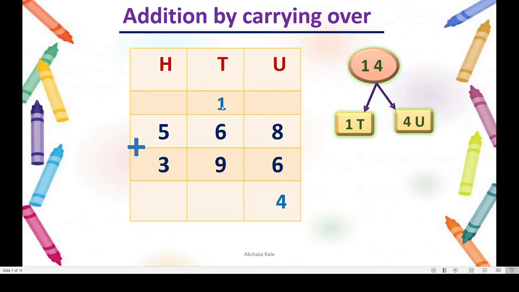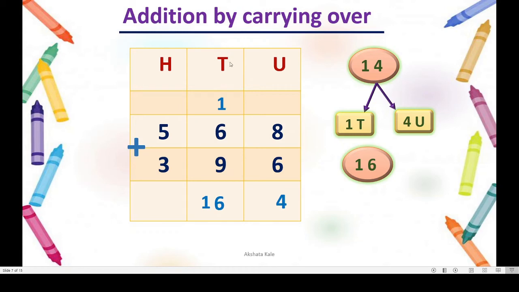Now we will add these three numbers. 1 plus 6, that is 7, plus 9, that is 16. Again we will write 16 here. Now the same thing. Here also we can't write two numbers in a single column, the tens column. But this is 16 tens.